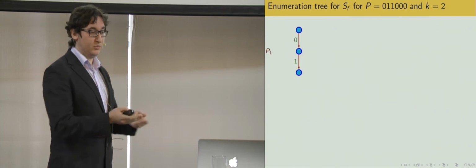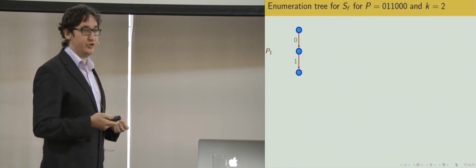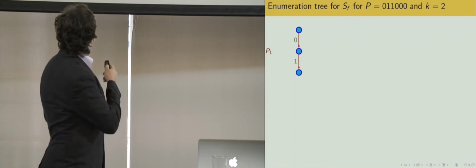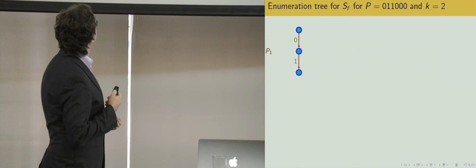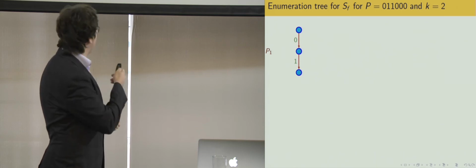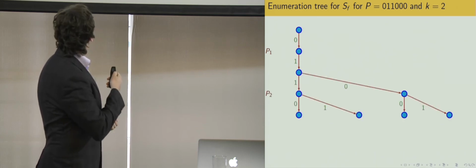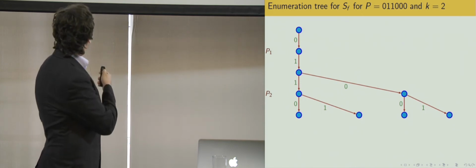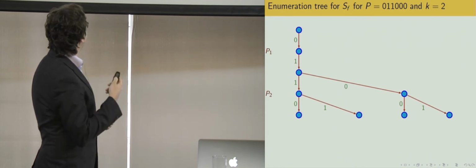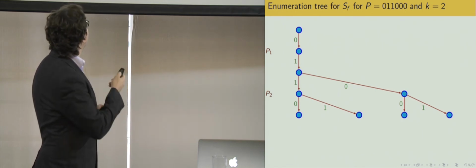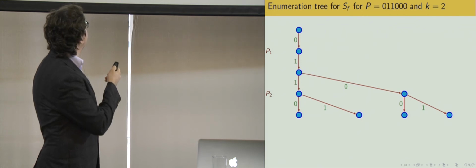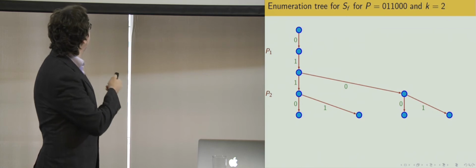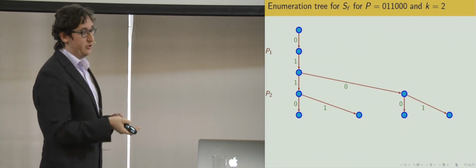I want to show how the enumeration tree looks, for example, for this search. We start with the exact matching of the first part, it is 0, 1. Then we continue with P2, allowing 2 mismatches. Diagonal edges correspond to the places where we make mistakes, because the third character of the pattern is 1, and this is a mismatch: we put 0 instead of 1.